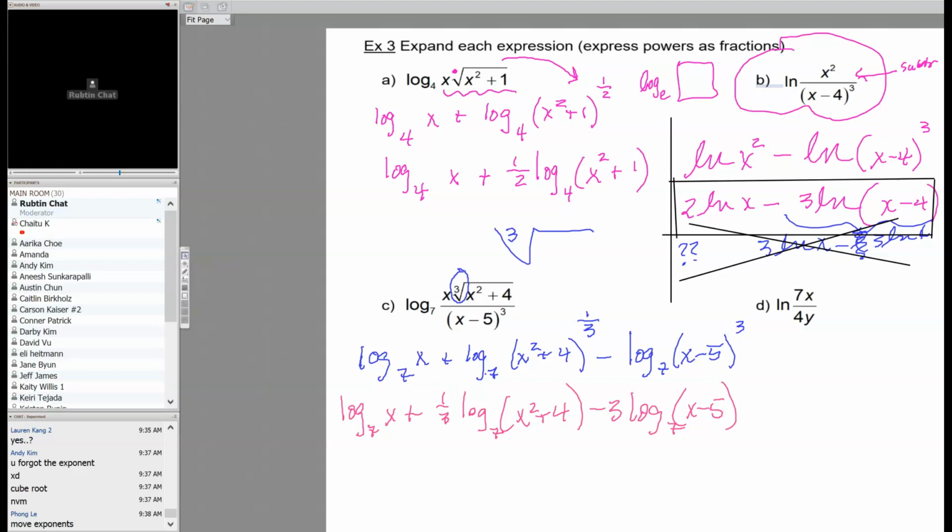If you had done it step by step and you had this and then this, it would still result in the same thing, because then you would still have adding, and then subtracting. So this does not impact the bottom. If you want to do it in a couple of steps, you can say log base 7 of this thing, so just keep the x and the cube root together, minus log base 7 of x minus 5 cubed. So then that minus is here, but then the plus applies to this.